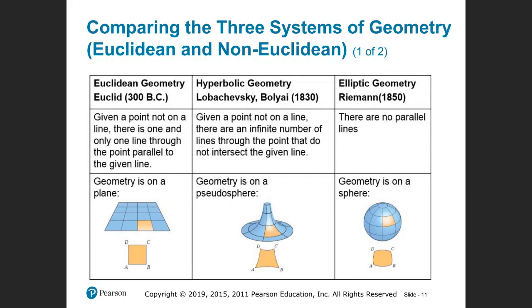Hyperbolic geometry: given a point, not on a line, there is an infinite number of lines through the point that do not intersect the given line. Geometry is on a pseudosphere. And elliptic geometry, there are no parallel lines. Geometry is on a sphere.